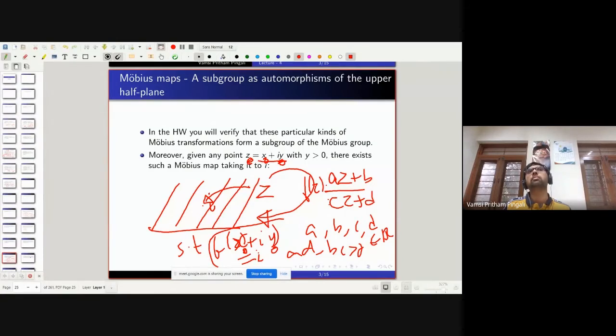In the last lecture, or the one before, we proved that given any 3 points in the complex plane, there exists a Mobius map taking these 3 points to any 3 other points on the complex plane. Here, I simply seem to require 1 point to go to one other point, namely to i. Why is this not a special case of the earlier result? Why am I mentioning it separately?